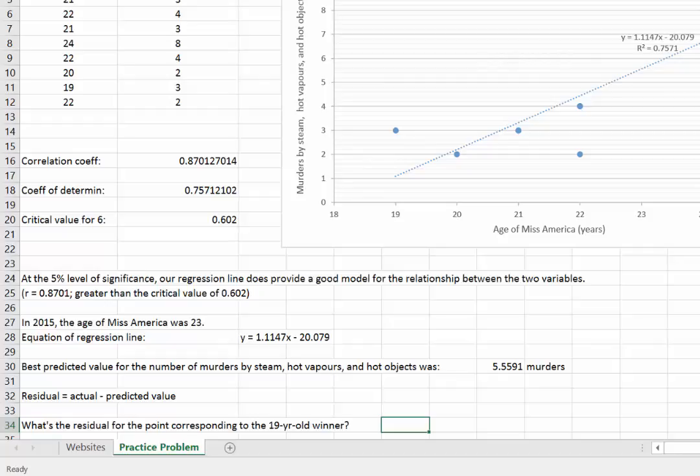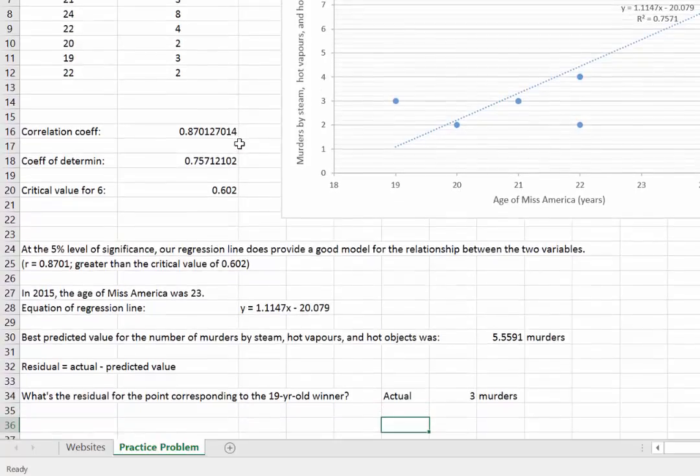Okay, and so when I say residual, it really refers to the y value, not the entire point. So when I say residual is actual minus predicted, those are both y values, the actual y minus the predicted y. So the actual y value for the 19-year-old winner was 3, and that's murders.